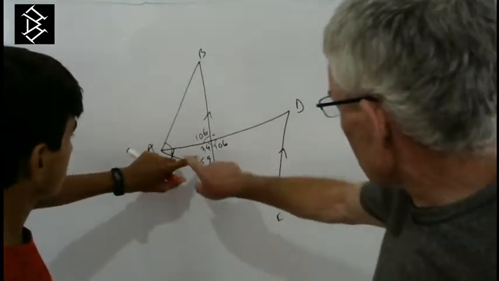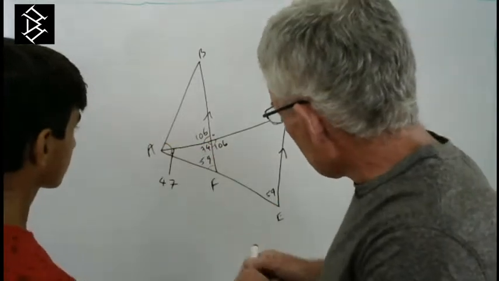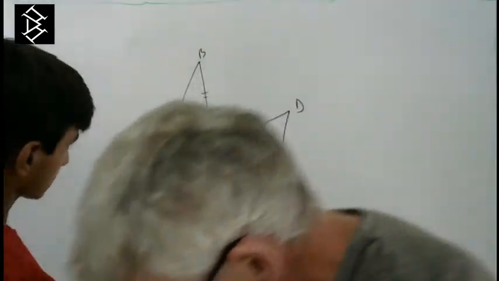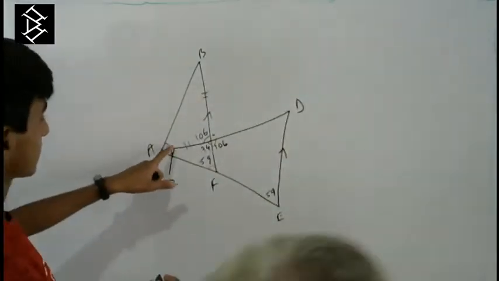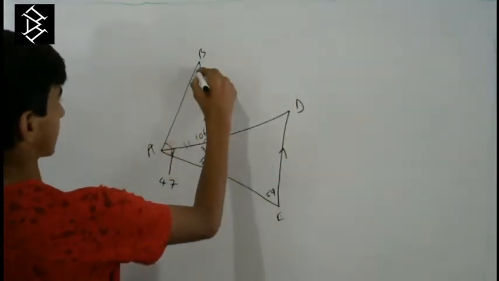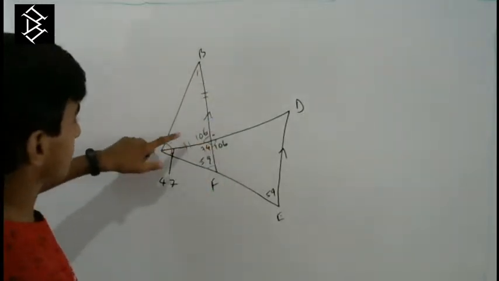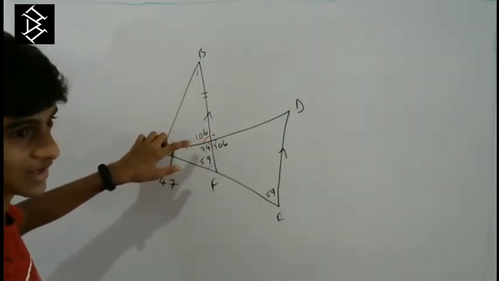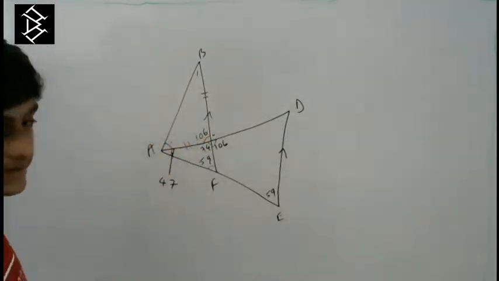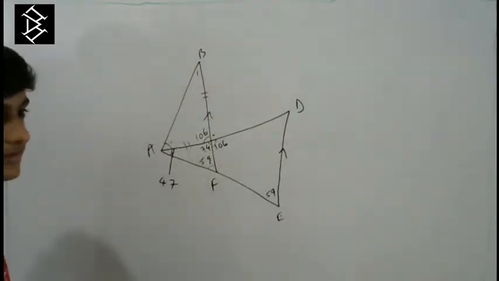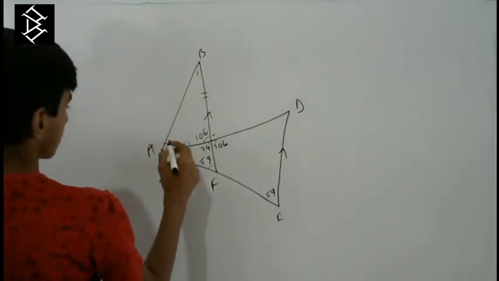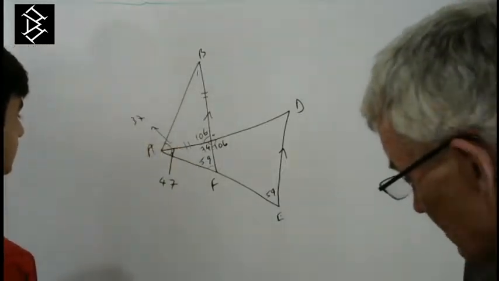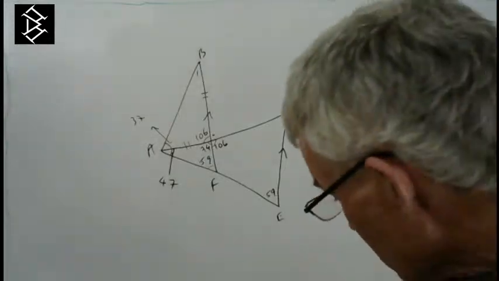So therefore we can tell that this angle and this angle are going to be the same. So we can tell 180 minus 106, that is going to be 74. So 74 divided by 2, that would be 37, and the sum of this 37 plus 47 would be 84.